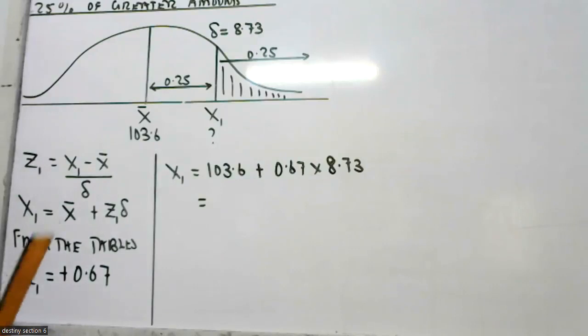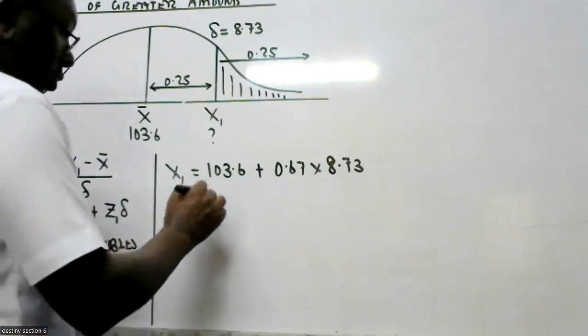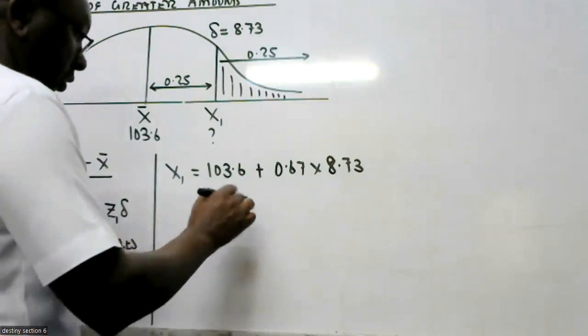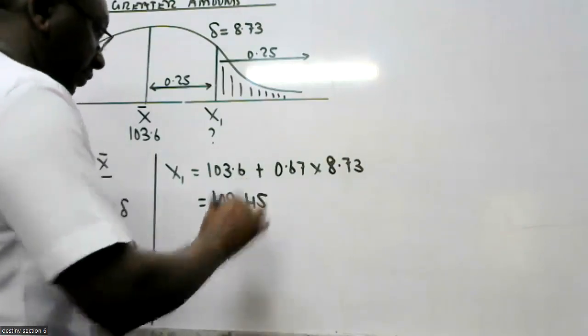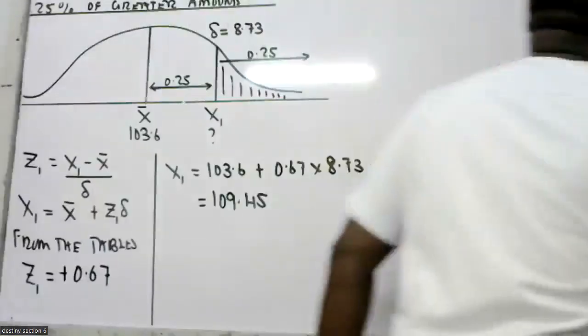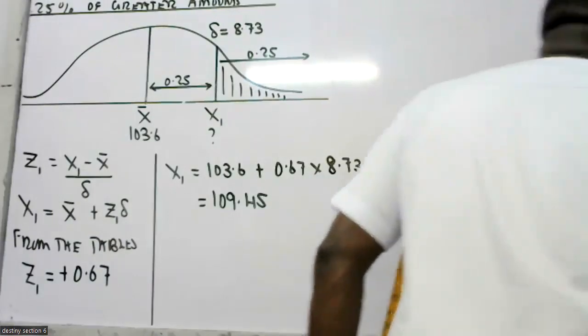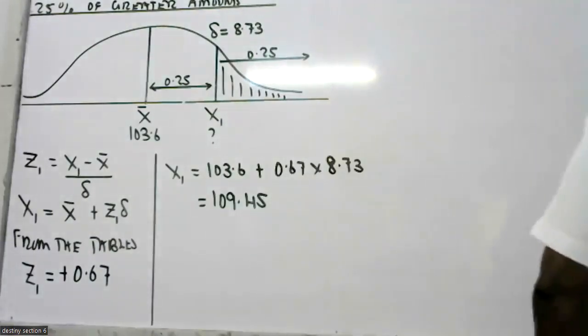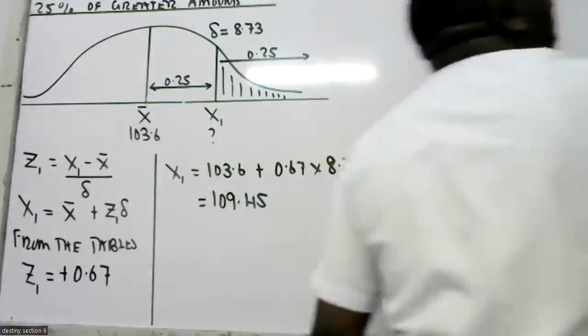That gives 109.45. So that is the invoice amount that will ensure that we are 25% greater.